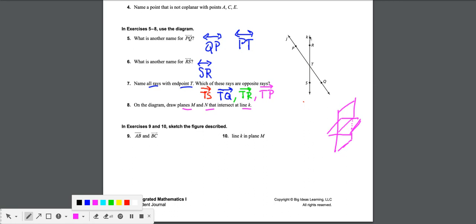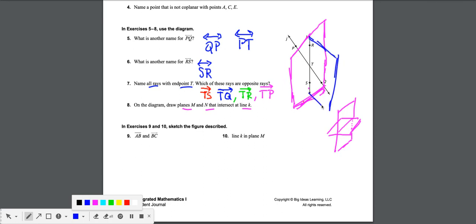Okay, so we could have one where this would be the intersection. We could have one going out this way, like that. And then we could have another one going out like this, if you wanted to.